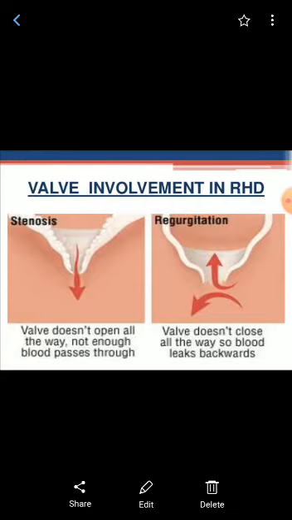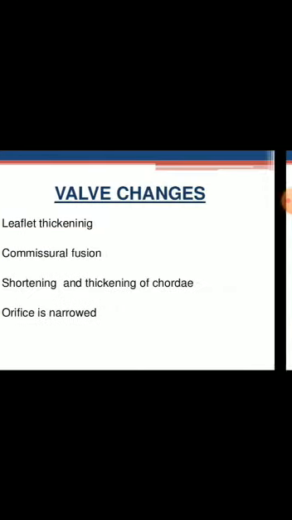In regurgitation, as you may see in the picture, the valve does not close all the way, so blood leaks backward. Regurgitation is also known as valve incompetence. In rheumatic heart disease, mitral and aortic valve incompetency occurs. This is because of rheumatic fever, and that rheumatic fever comes from group A beta hemolytic streptococci infections.